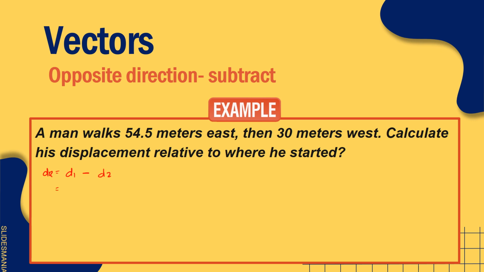Okay, d1 is 54.5 meters minus d2 is 30 meters. So 54.5 minus 30 is equal to 24.5 meters. Now we have to follow the direction of the longer displacement, which is due east.